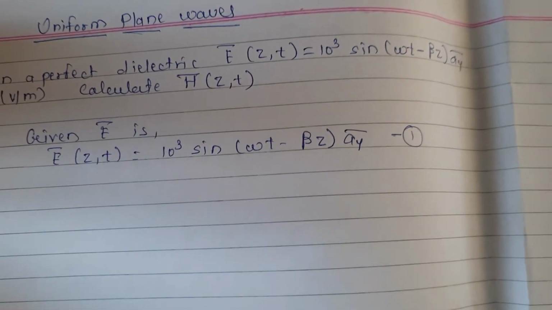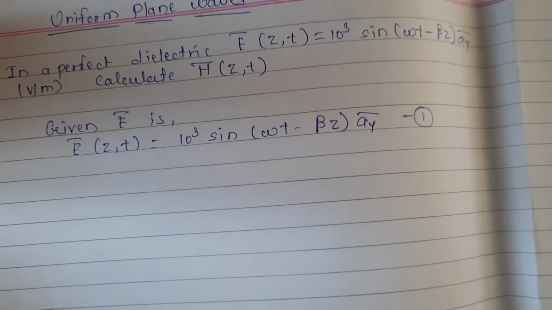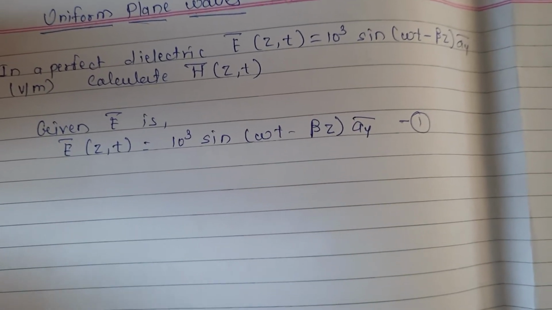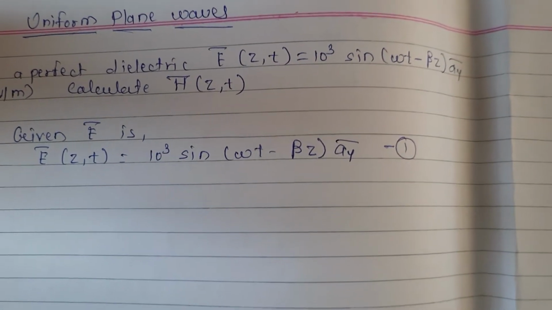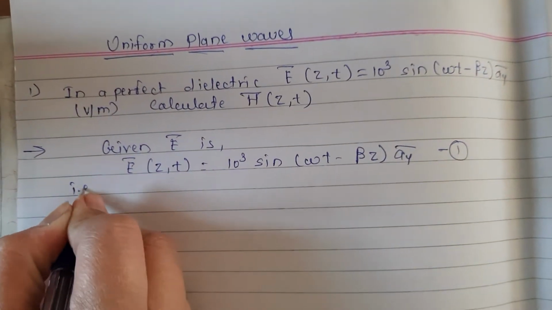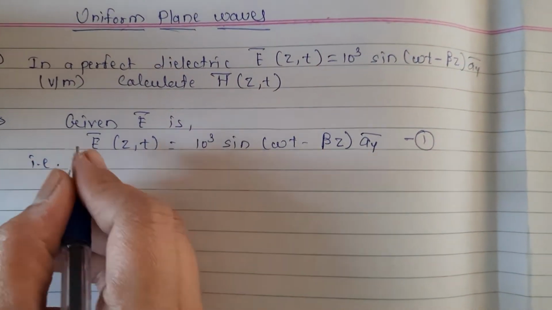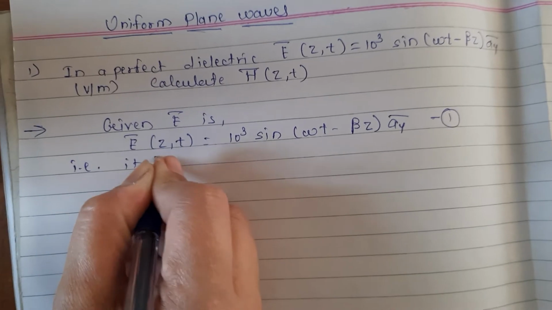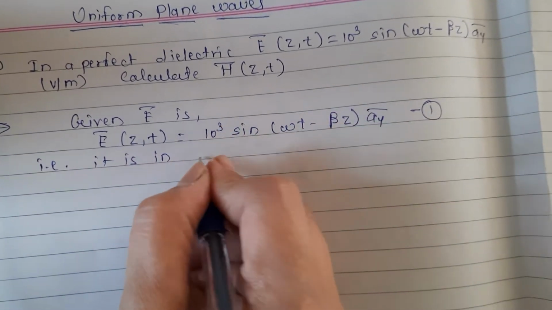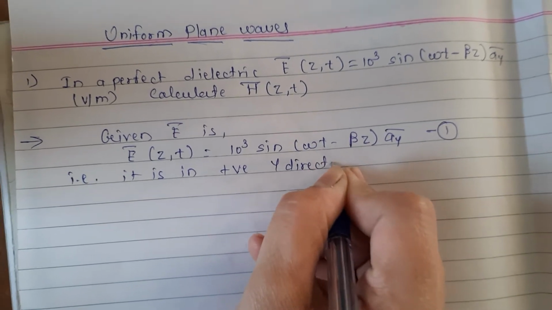That means it is in the positive y direction. So assume that the wave is propagating in the positive z direction. Here a_y is given, so it is in positive y direction.